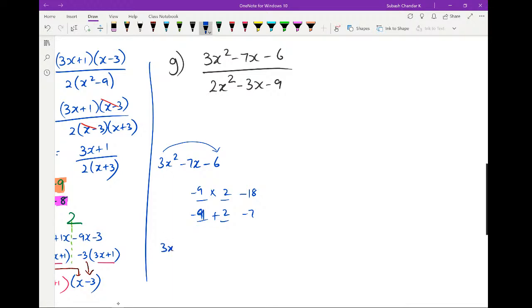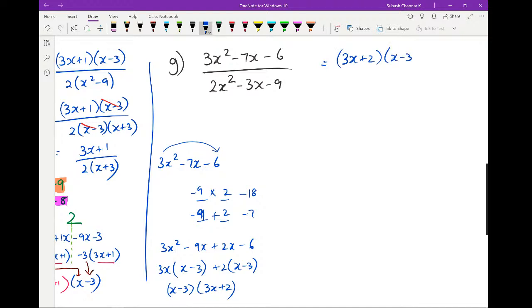So 3x squared minus 9x plus 2x minus 6. I can split this up as 3x times (x minus 3) plus 2 times (x minus 3), and rewrite this as (x minus 3) times (3x plus 2). So my numerator is (3x plus 2) multiplied by (x minus 3).